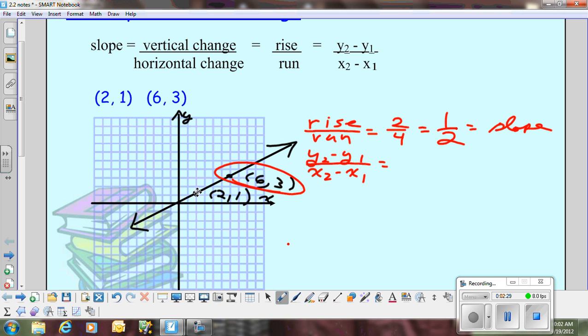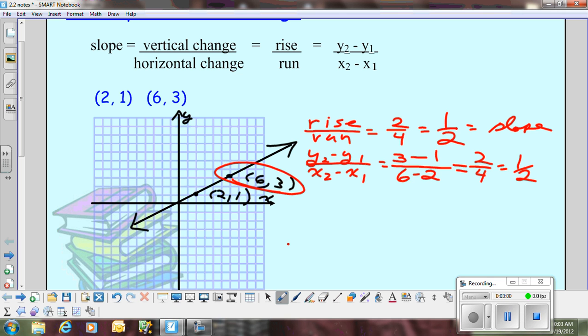So I'm going to use this one first. My y value is 3 minus the other y value of 1, over, now again I have to go back to this x value, so 6 minus 2, equals 2 over 4, which again is 1/2. Same answer.